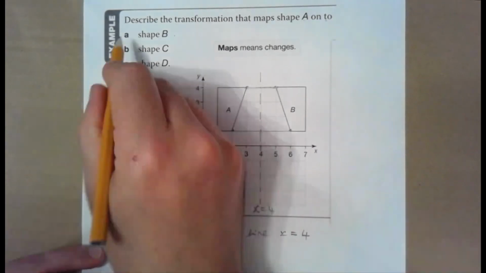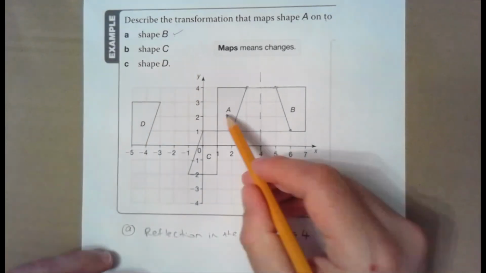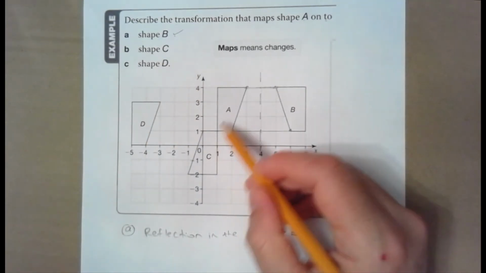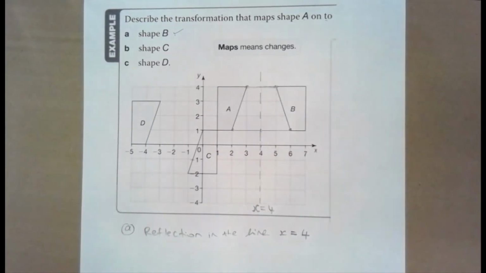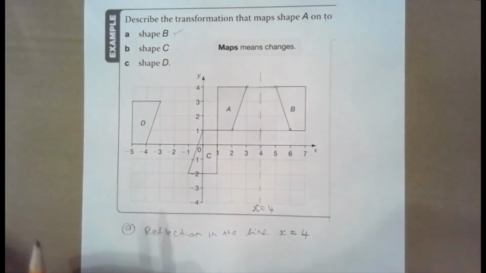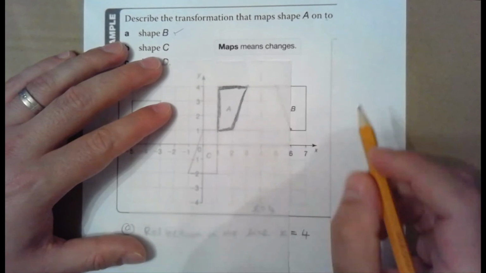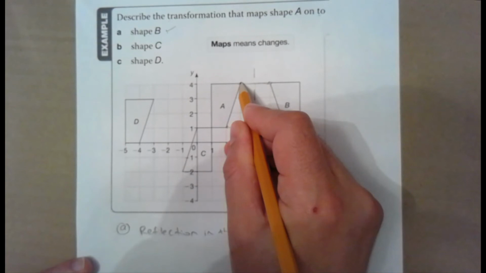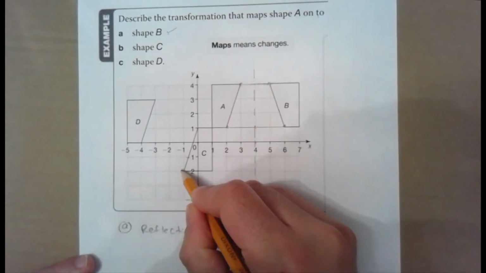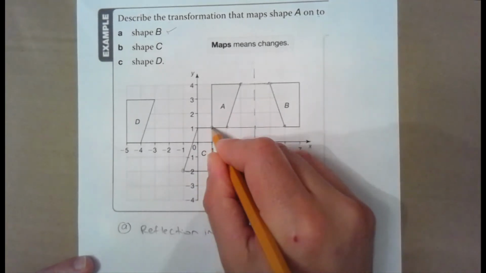Okay. So next we want A onto C. So A onto C, hopefully we can see that there's some sort of a turn. We just need to locate the center of that turn. Okay. So if I look at the corresponding corners, I can see that that corner is here. So I know the center is going to be here.